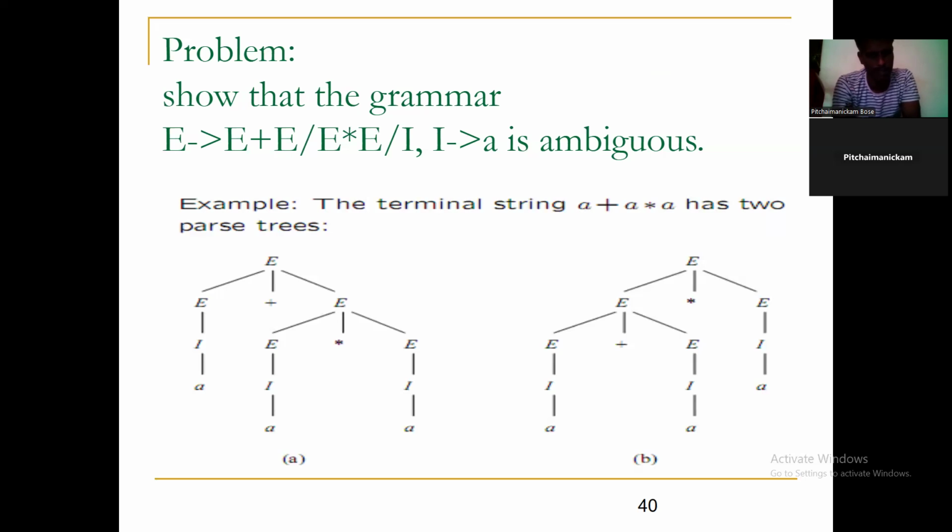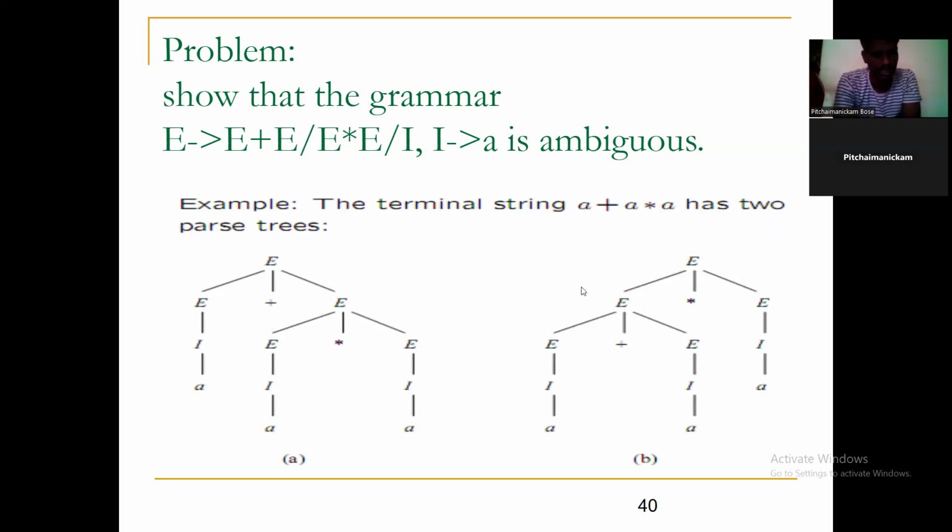I start with the start symbol E. E can be replaced with E plus E. Again, E can be replaced with I, I derives A. Again, this E can be replaced with E star E, and E can be replaced with I derives A. So E plus E, A plus A star A. The given input string is derived by this process, and this is how we create the first parse tree.